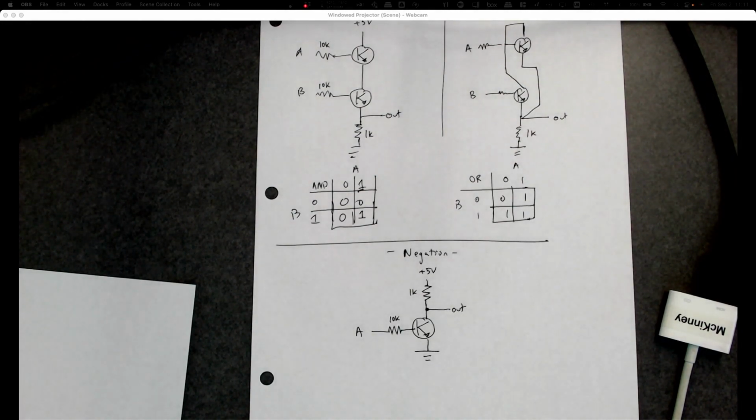Under what circumstances is the transistor on, allowing current to flow through it in this bottom diagram? When would that occur? When is an NPN transistor on?